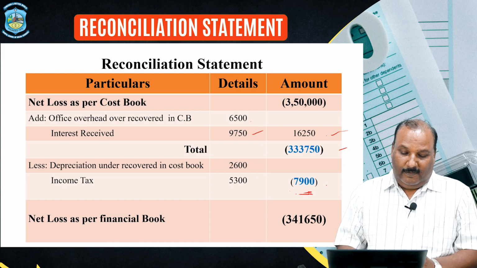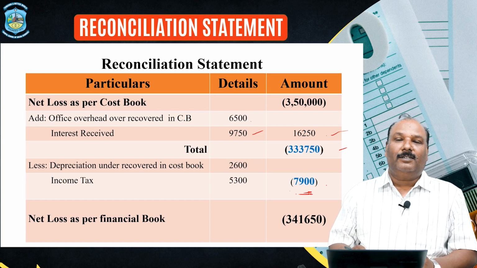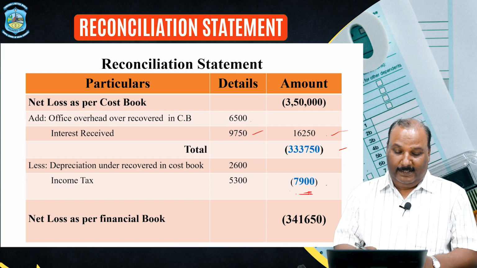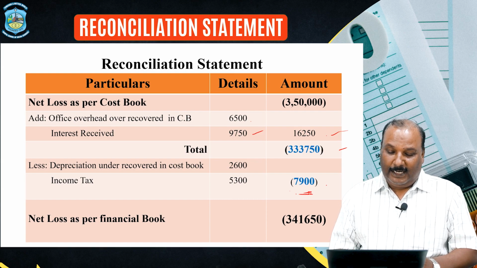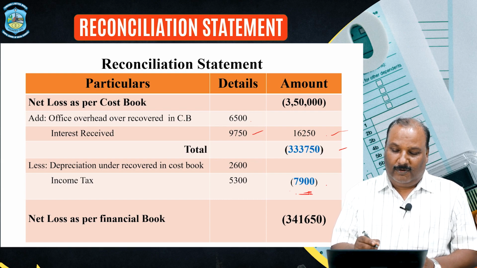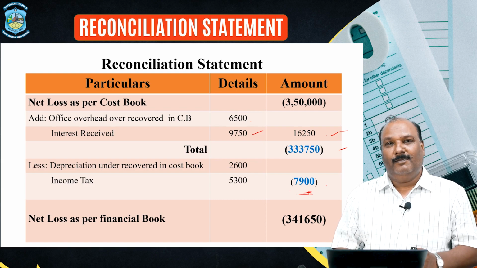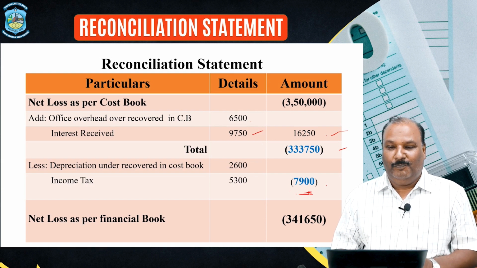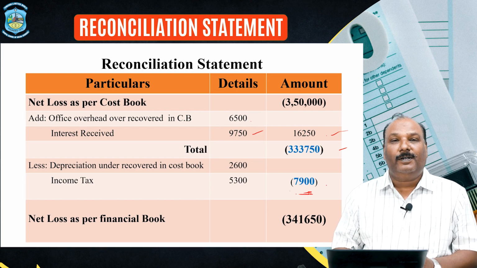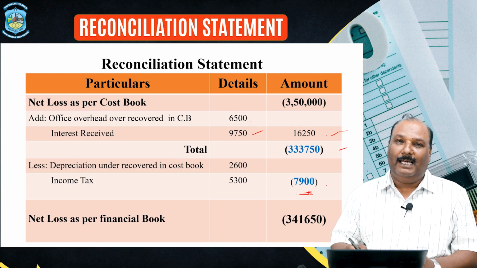Now, which expenditures or transactions do we have to minus? Depreciation under recovered in cost book means cost book profit is more than financial book, so the profit of the financial book is less.